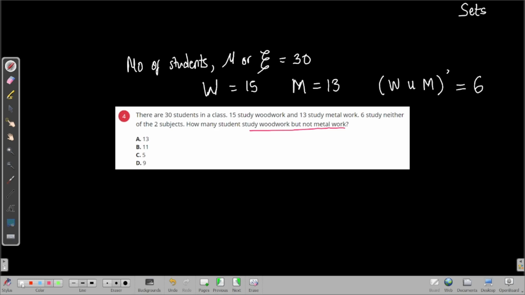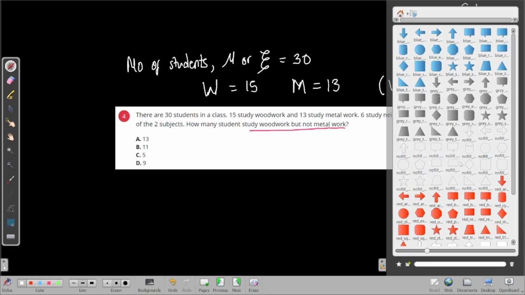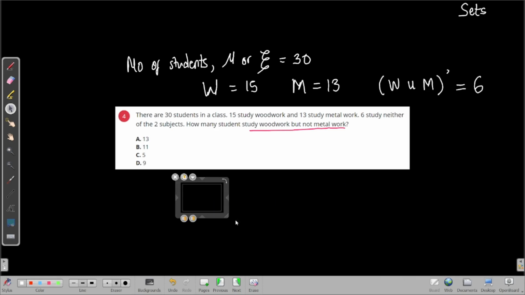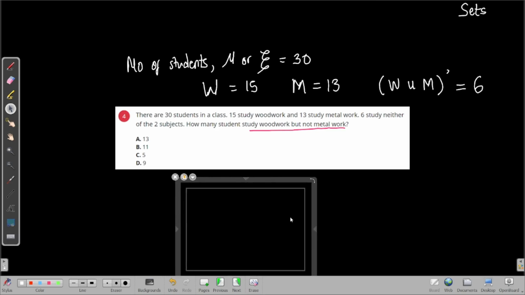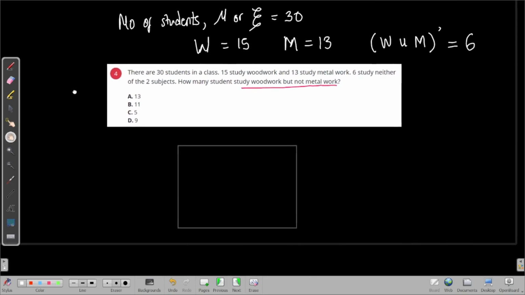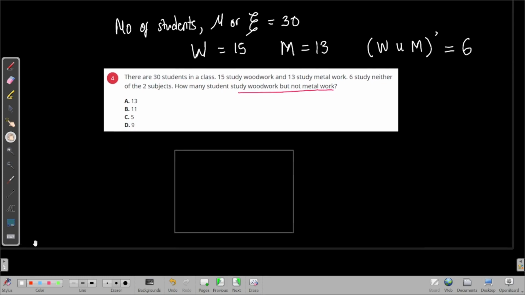So let's start by drawing our rectangle. The rectangle represents the total number of items in your set. So that value U is equal to 30. And then of course your circles.